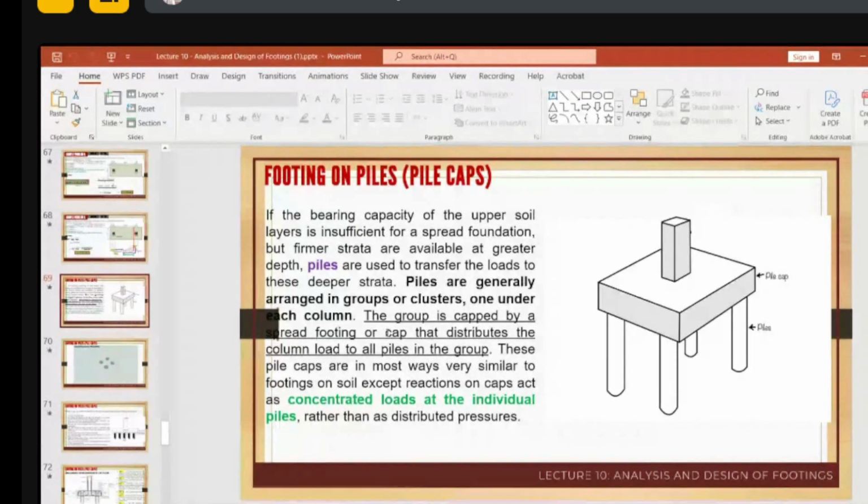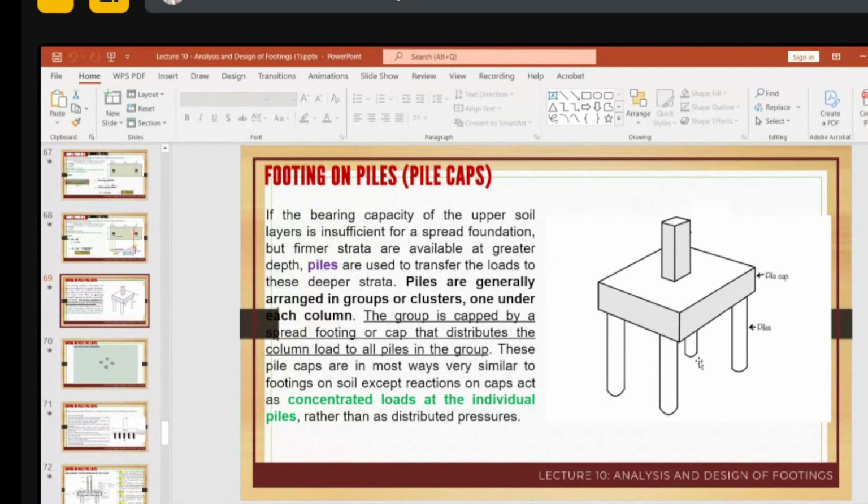The group is capped by a spread footing or cap, usually called a pile cap, and that distributes the column load to all piles in the group.